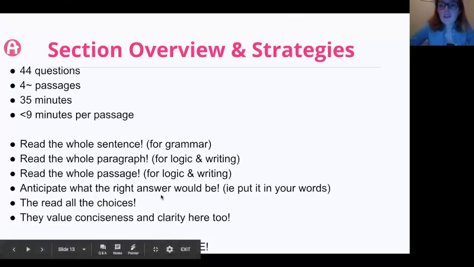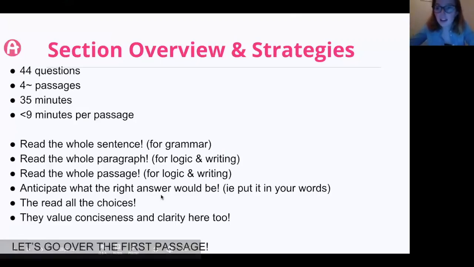Just read all of the choices. You will be banging your head against the wall with the number of times that your students will just look at A and say, that sounds pretty good. It will drive you crazy, and this is just my trying to help you prepare for that. Help them read all the choices, all of them, and consider them all equally.